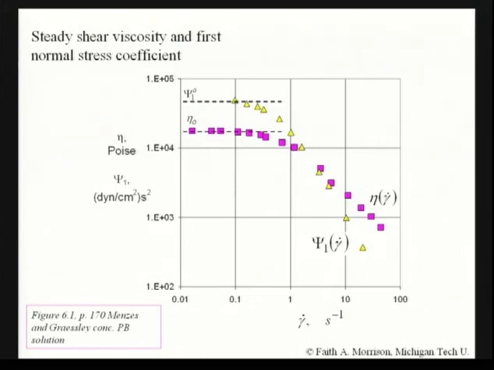First normal stress coefficients have the same general shape, but they're not congruent. The thinning nature of psi 1 is much greater, usually greater than the thinning nature of viscosity, but they both do approach a plateau.